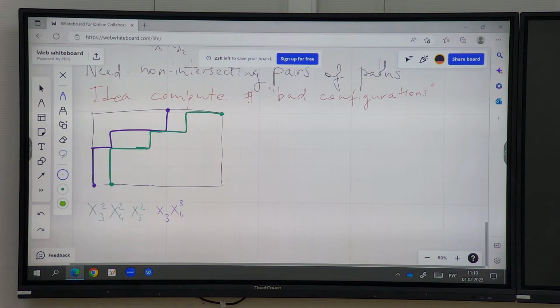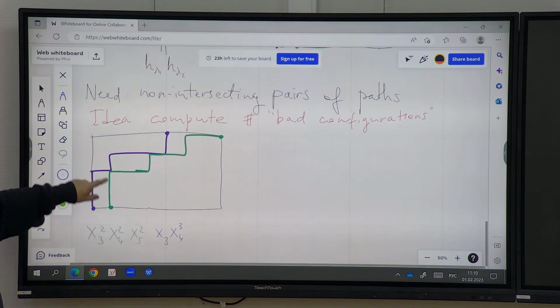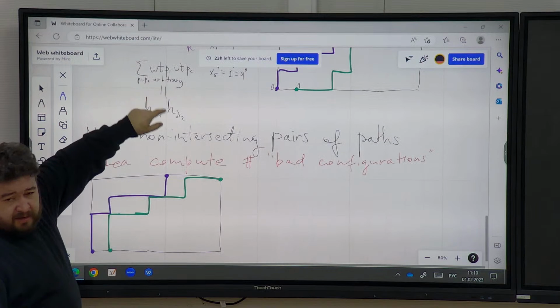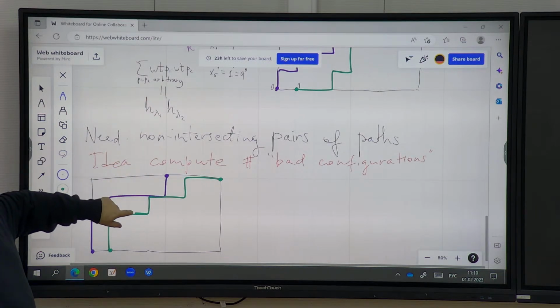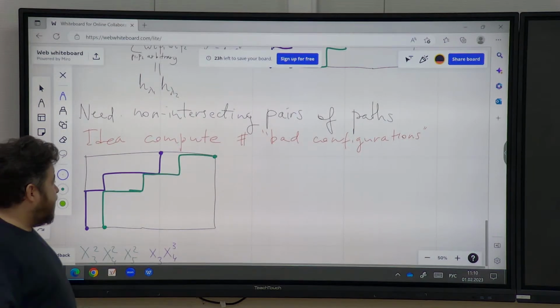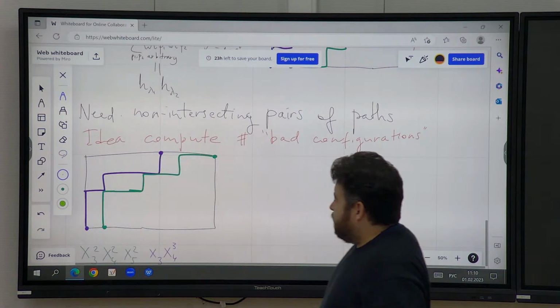All right. And that's something that is included in that fellow up here, and I don't want it to be there. So let me get rid of it. And now comes the trick.